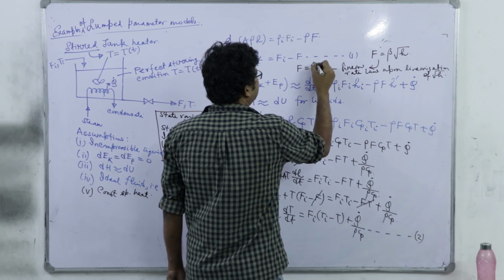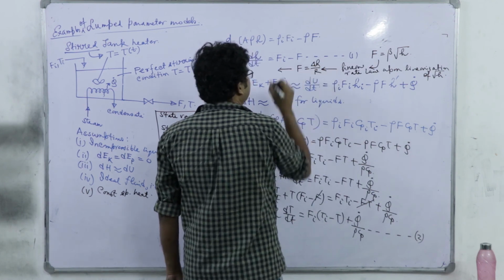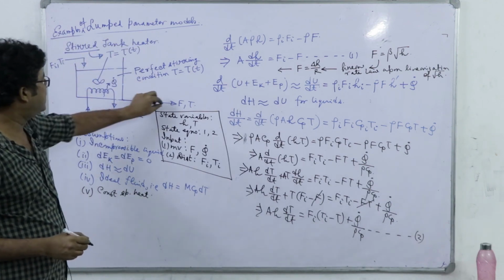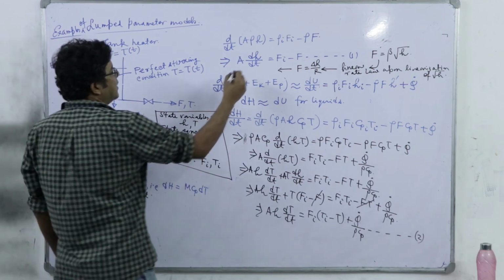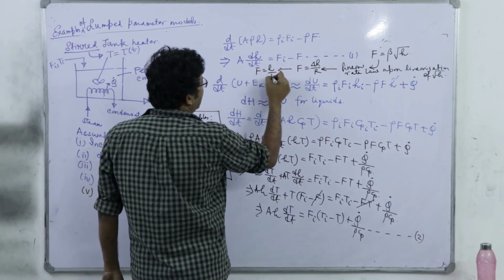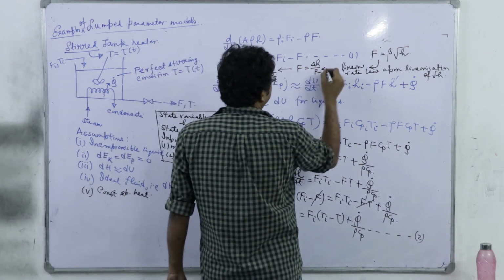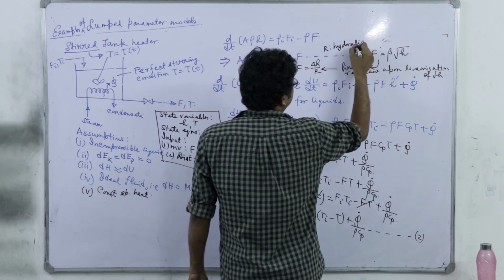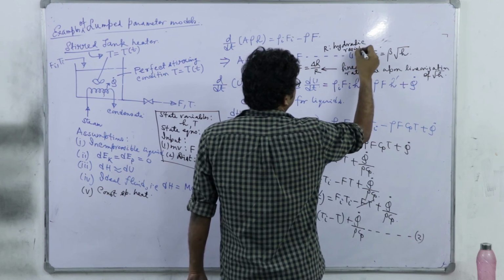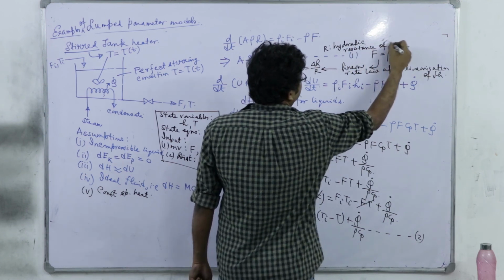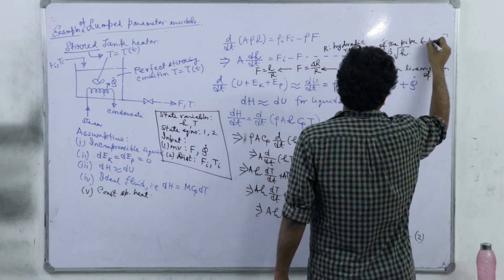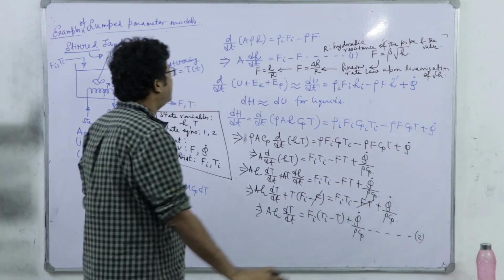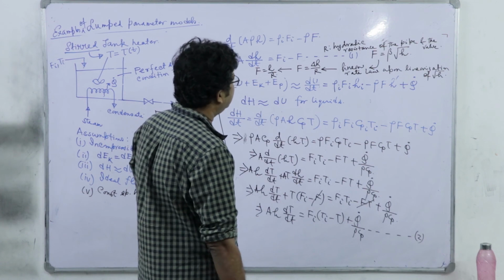F is equal to delta h by R, and here delta h means the difference of height. What is the height difference? h, and here 0. So F is equal to h by R, where R is basically the hydraulic resistance of the system, the resistance of the pipe and the valve. So let us use this linear rate law, which is an approximation, but still we can work with that.